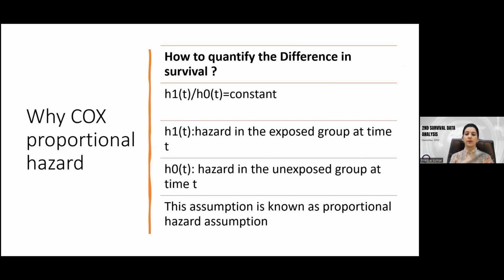In Kaplan-Meier, we only see the median survival time. We have seen why we take median over mean: because of the skewness, and because if we observe only 50% of the data, we can still get the median survival time. So in Kaplan-Meier you can have a median survival time, but you cannot have a risk.